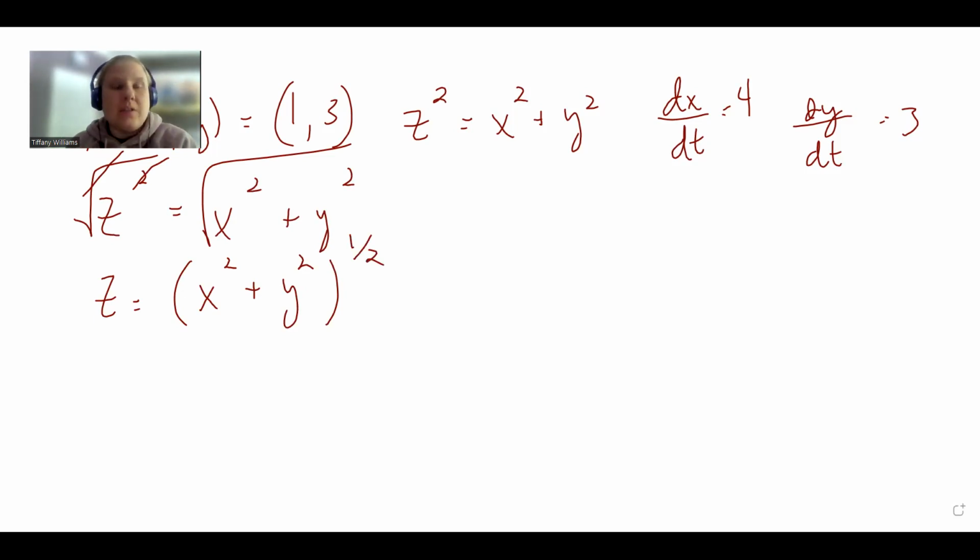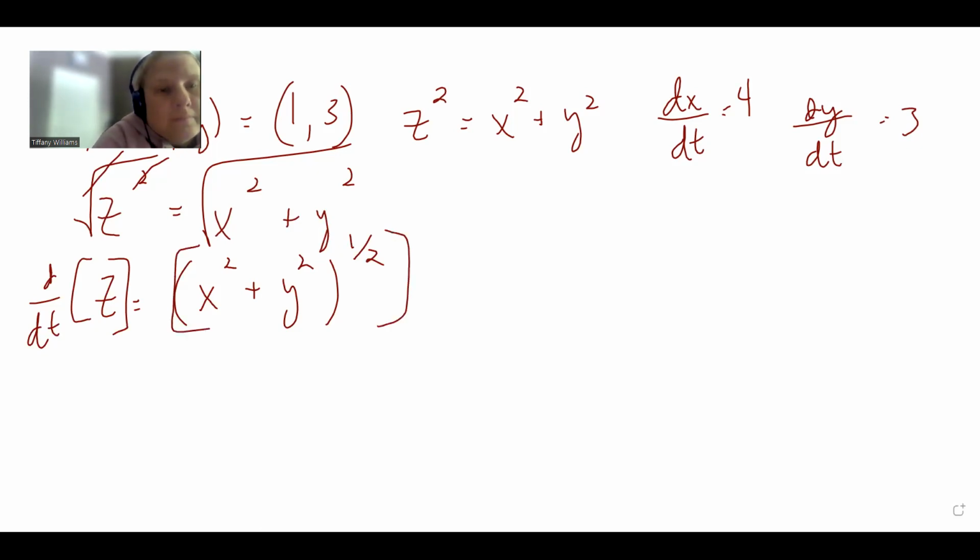Okay, so now I'm going to take the d/dt of both sides. When I take the derivative of z, remember I'm going to get 1, which I can just write as dz dt, just like I did with the y. And then when I take the derivative of this other side, again I'm going to have to use the chain rule.